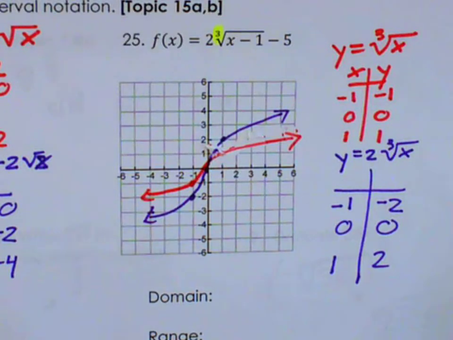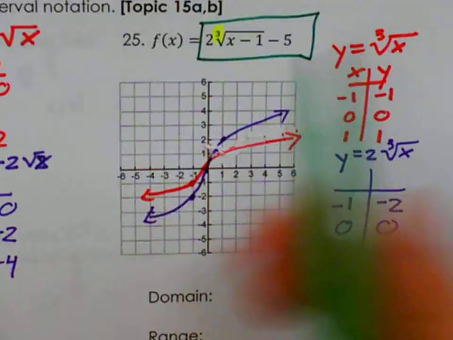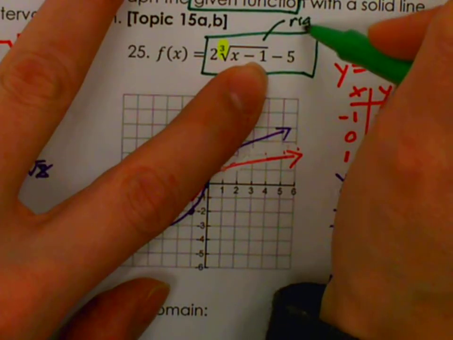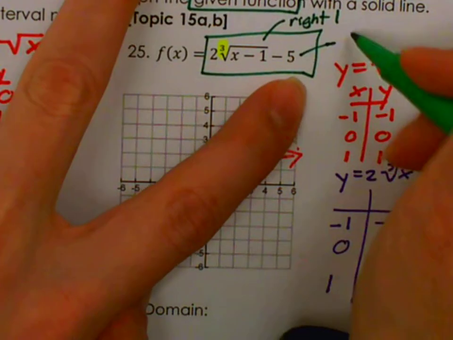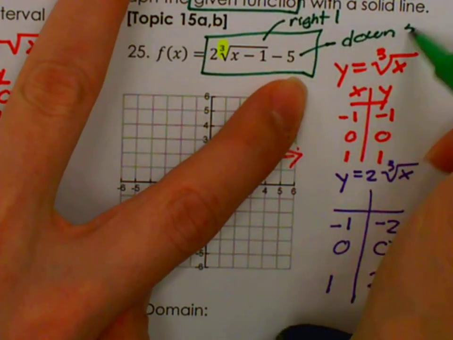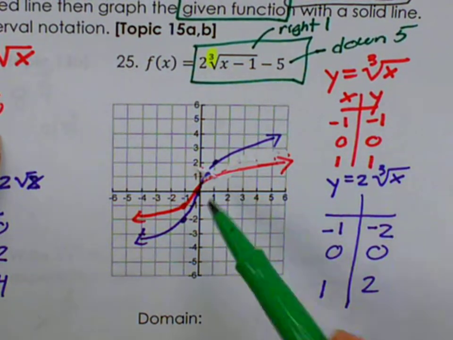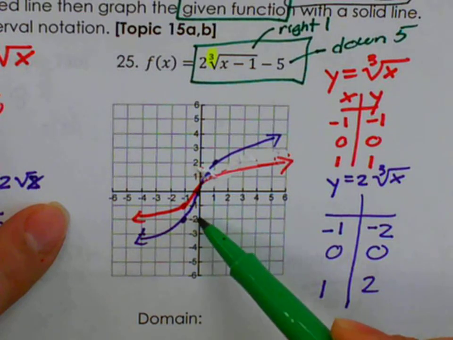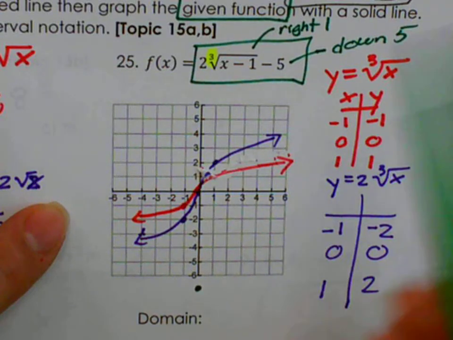And now I need to move it, so I'm going to do it in green again. This negative 1 right there means that I am moving to the right 1, and this negative 5 right there means I'm going down 5. So each point that I just plotted, this point right here, I'm going to move right 1 and 1, 2, 3, 4, I'm off the graph, 5.